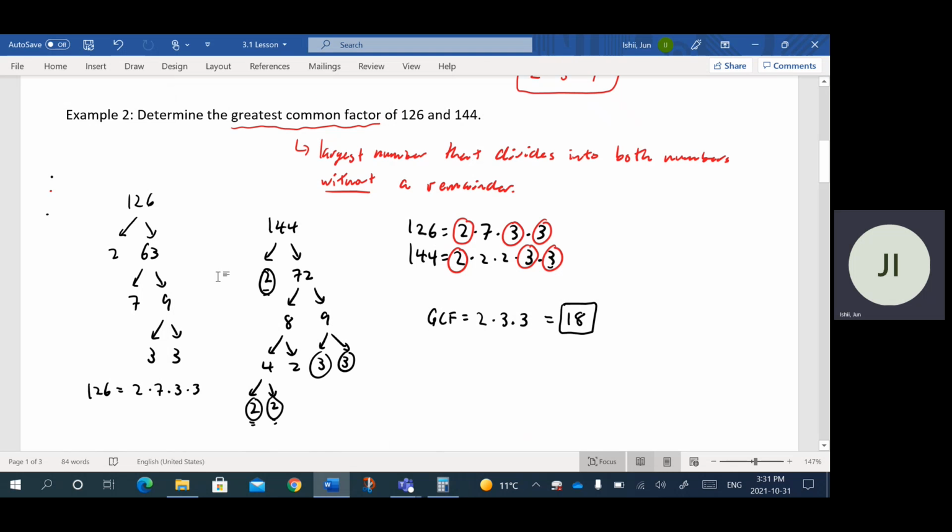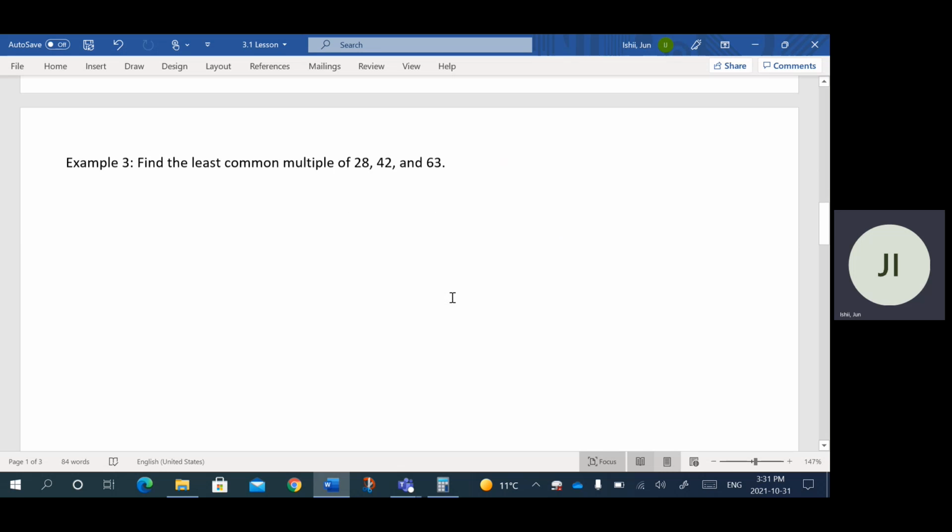All right, cool. So that's just a systematic way of getting the greatest common factor. Some of these you can probably just do in your head, the smaller numbers, but once they get a little bit bigger, you want to break them down. If you can't figure it out right away, you want to break them down into their prime factorizations, and any common factors, the GCF is going to be the product of those ones. Cool. All right, next up.